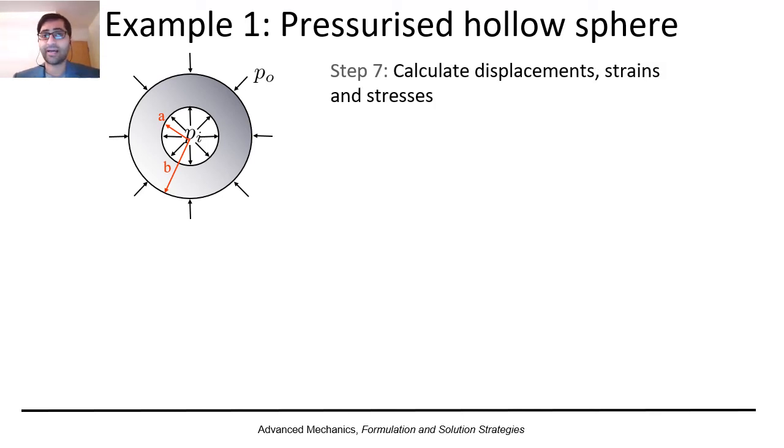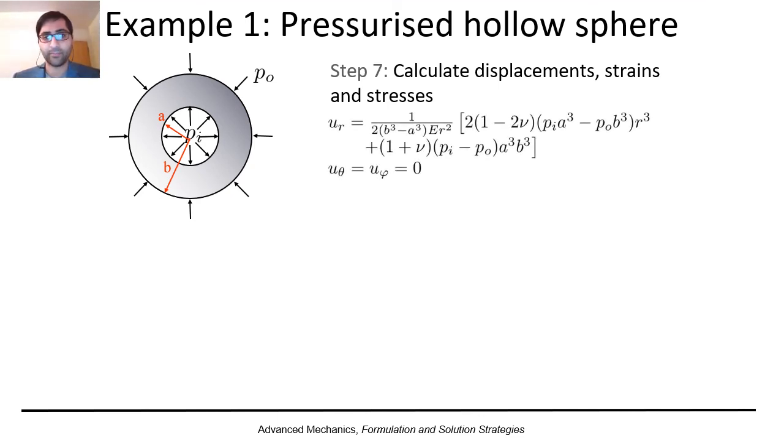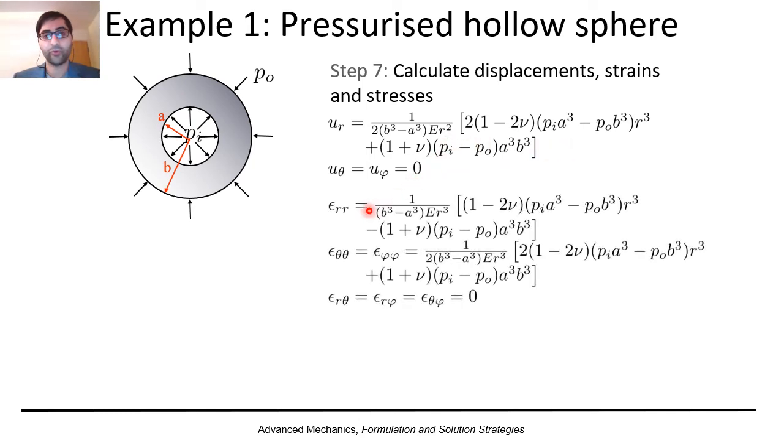Okay, the last step is calculating displacement, strain, and stresses. We found the relation for u_r, u_theta, and u_phi. We just substitute A and B there. Also, we found the relation for epsilon_rr, epsilon_theta_theta, epsilon_phi_phi, and the other off-diagonal elements.